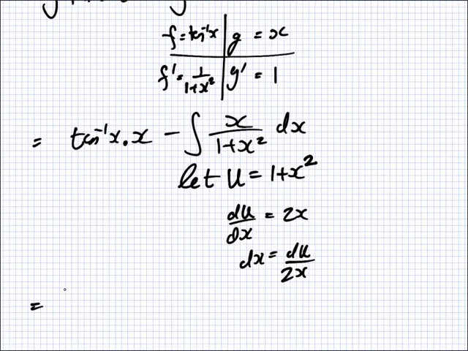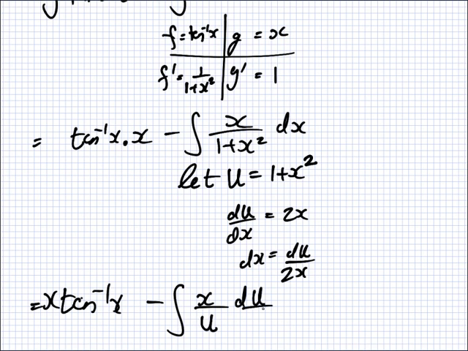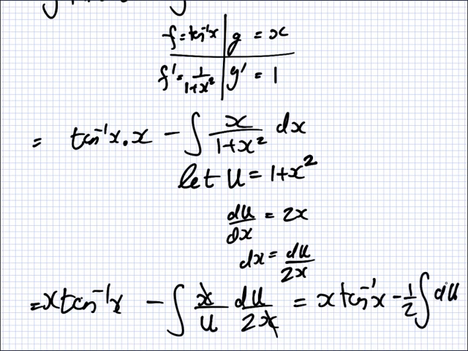So now this becomes x tan inverse x minus integrate x over u du over 2x. And what happens here nicely? That cancels with that. So you're left with x tan inverse x minus a half integrate 1 over u.